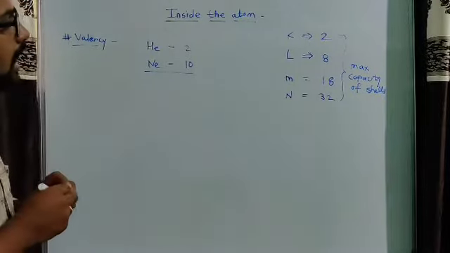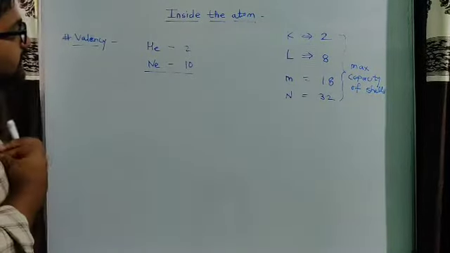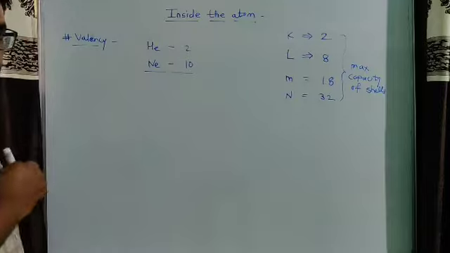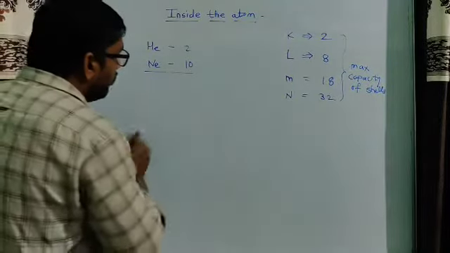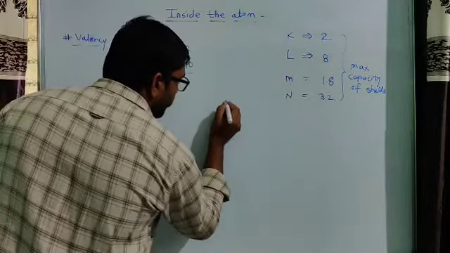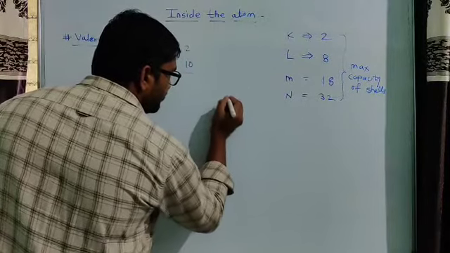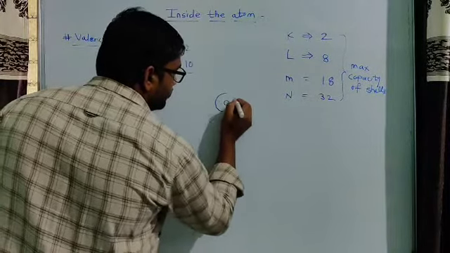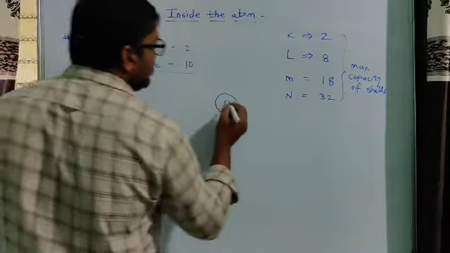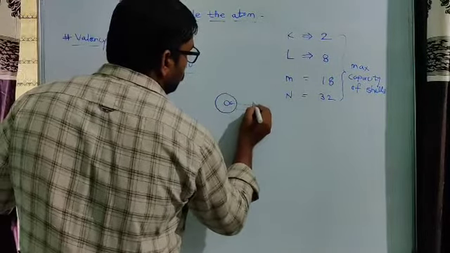We have to see how the electrons are arranged in these 2 atoms. First we draw the atomic structure of helium. This is the nucleus and this is the first shell of this helium atom.